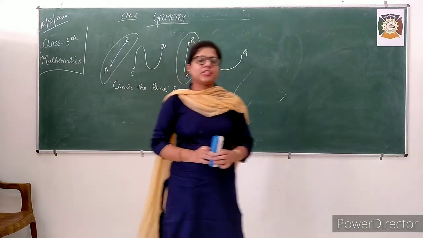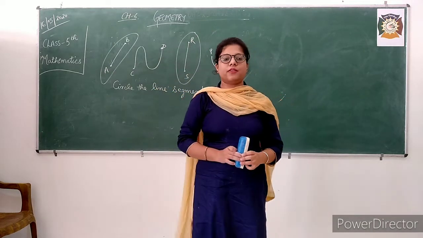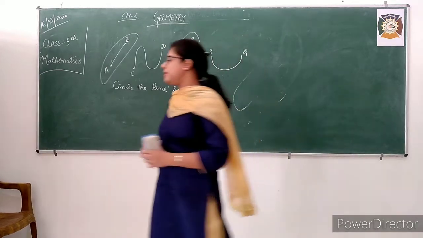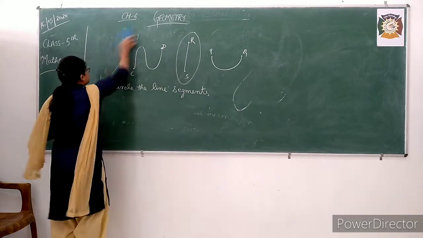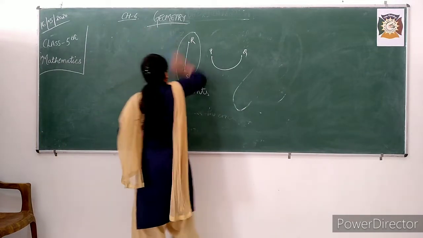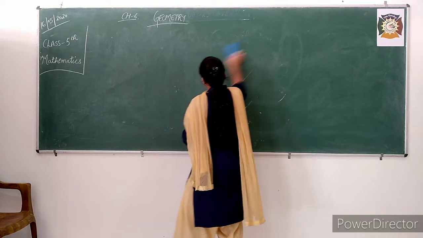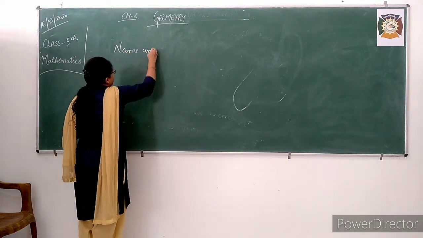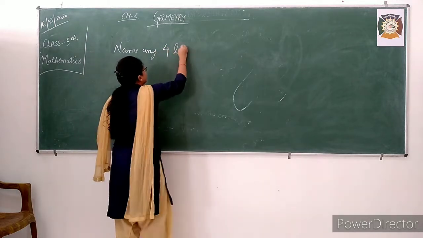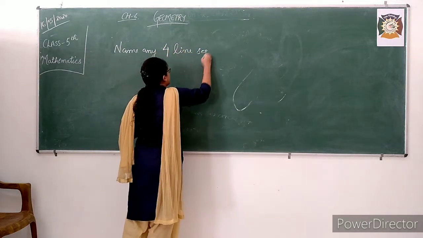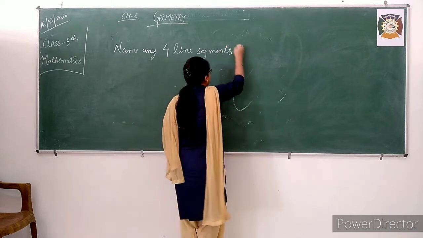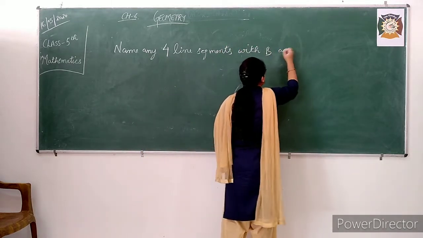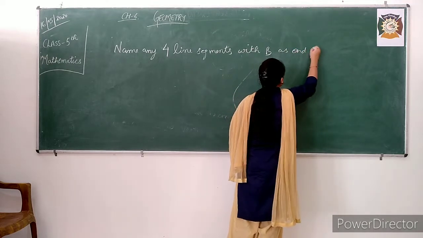Okay. Next, move to the next question in which you are given a diagram and you have to name 4 line segments with B as endpoint. Name any 4 line segments with B as an end point.